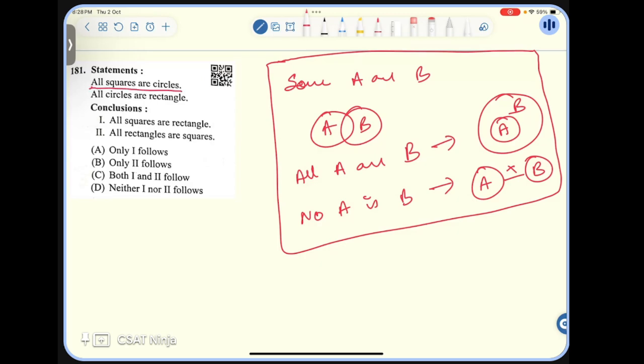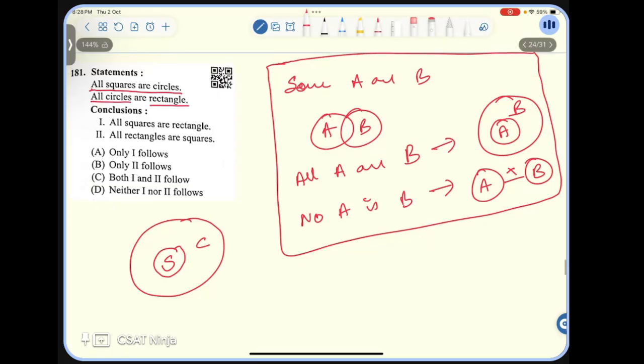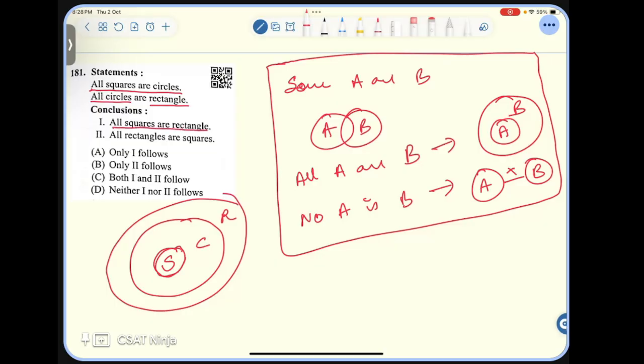All squares are circles, which means square is inside the circle. Next, all circles are rectangles, which means all the circle is under the rectangle. So now let's check. All squares are rectangles.